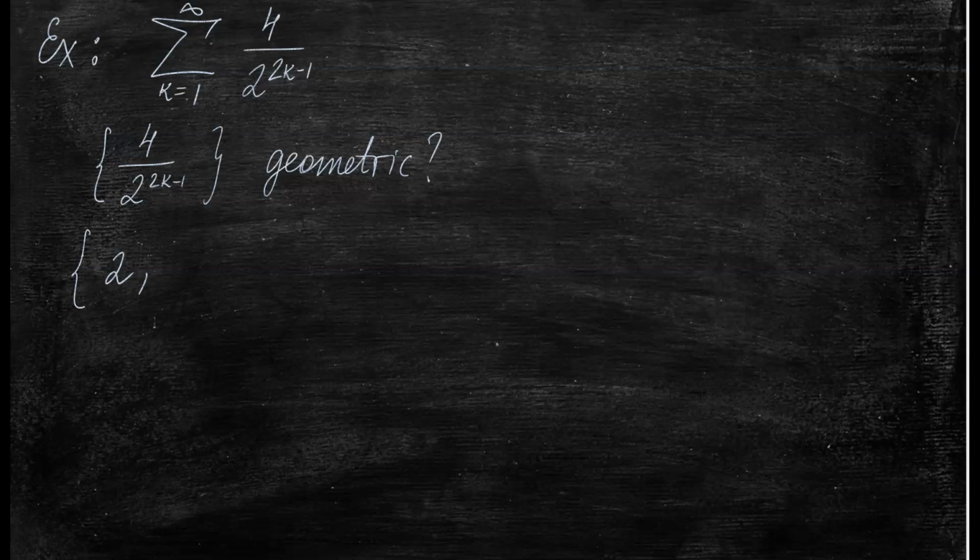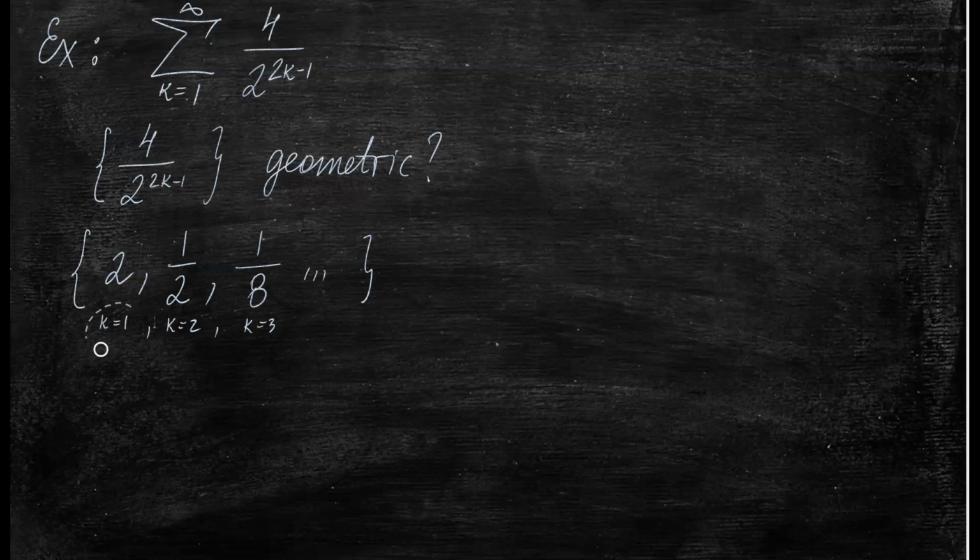When k equals 2, we have 1/2. When k equals 3, we have, what is it, 1/8. How am I producing these terms? I'm just plugging in k equals 1 here, k equals 2 here, k equals 3 here, and so on.